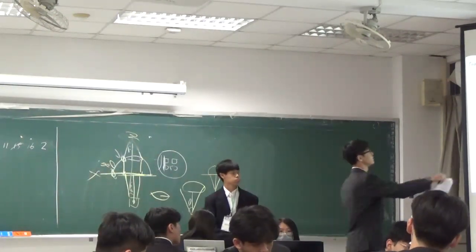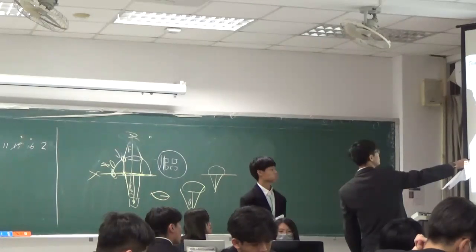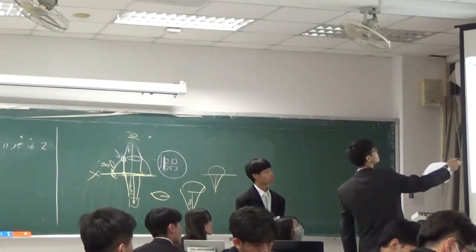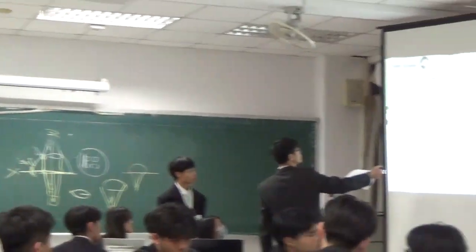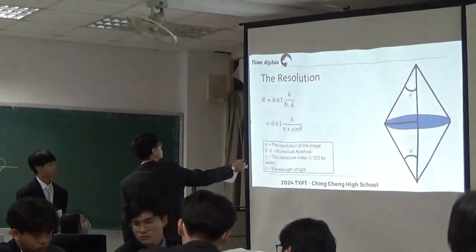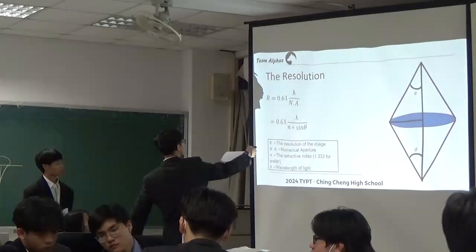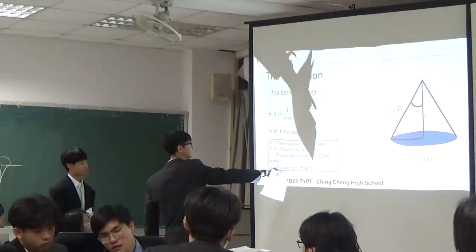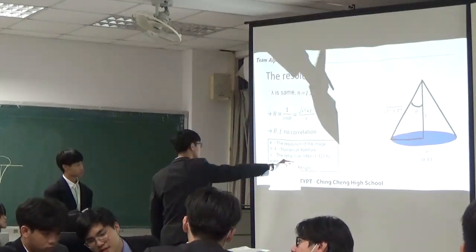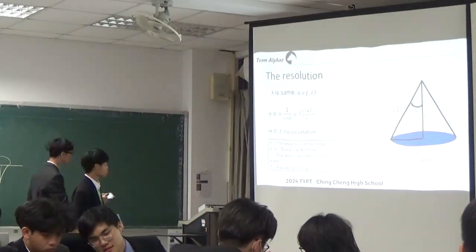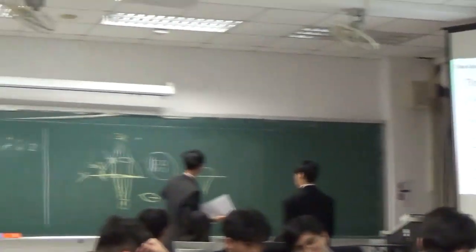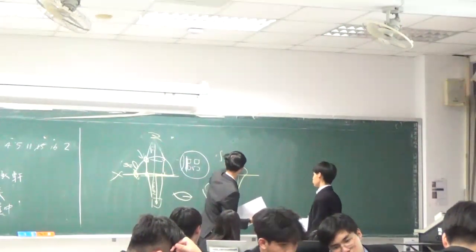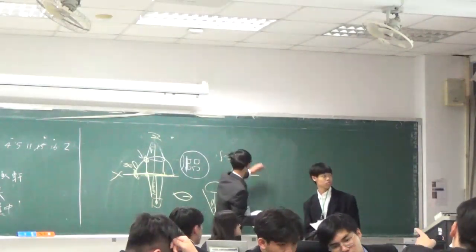Okay, then come back to this. You can see there, this is the theta. Because we know the focal length in the lens, we know f is equal to 1.33 times r, right?